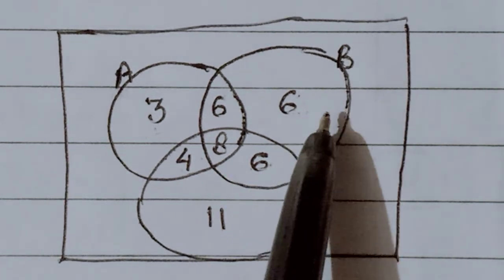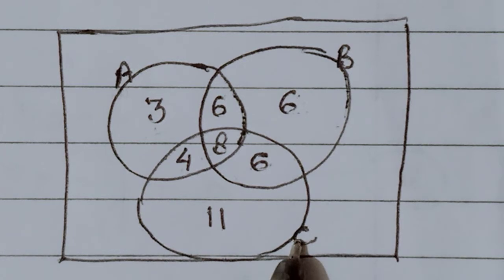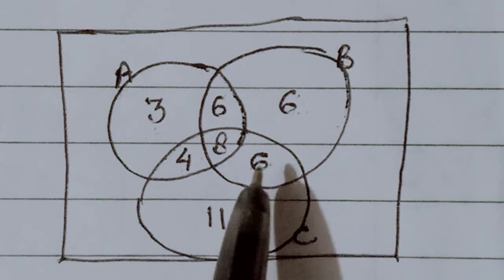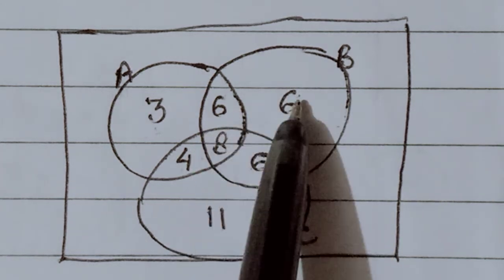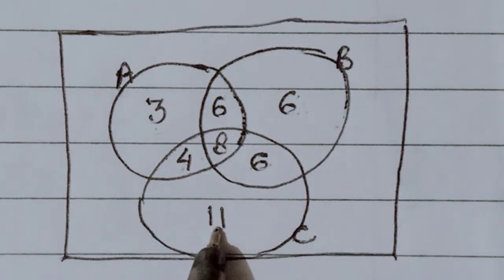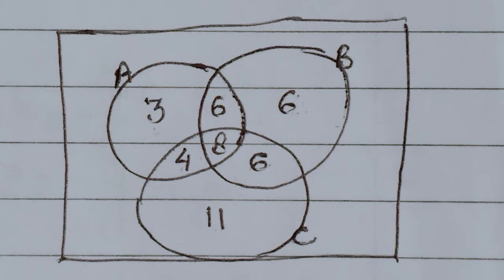Or maybe if it is liking B or C, then you will add 6 plus 6 plus 6 plus 8 plus 4 plus 11. So that way, whichever portion is asked, you can evaluate. Liking any only one product, only one, either A or B or C. Okay. So anything can be asked. You can work it out from here.